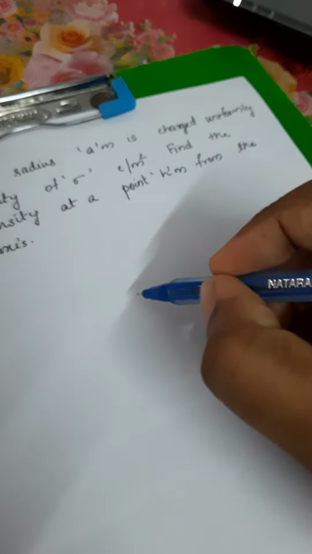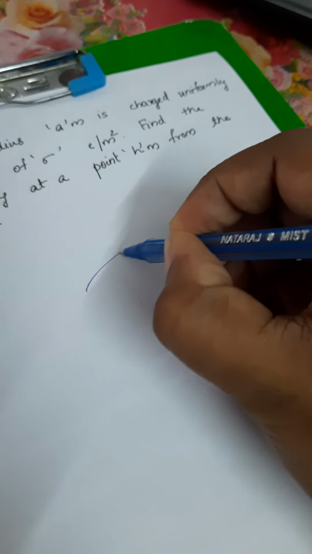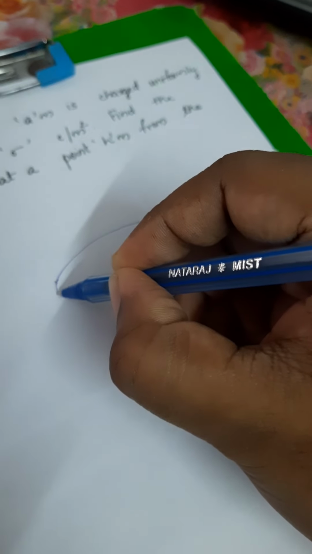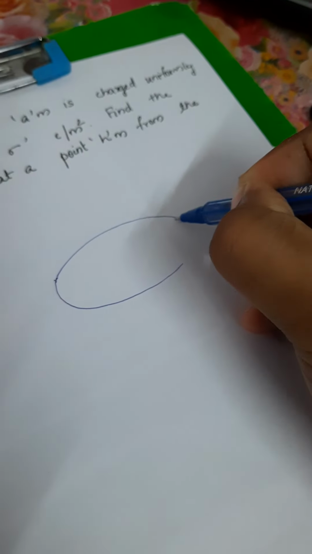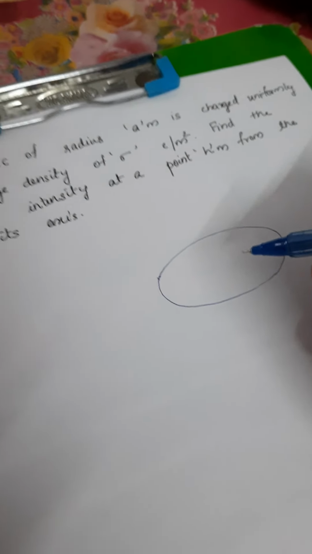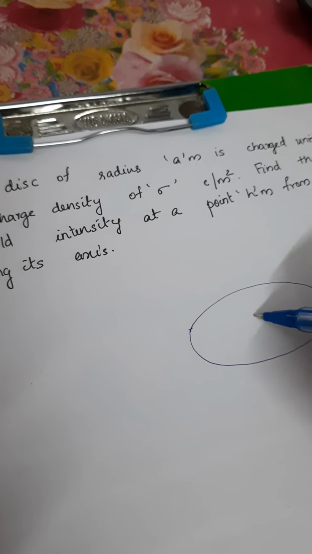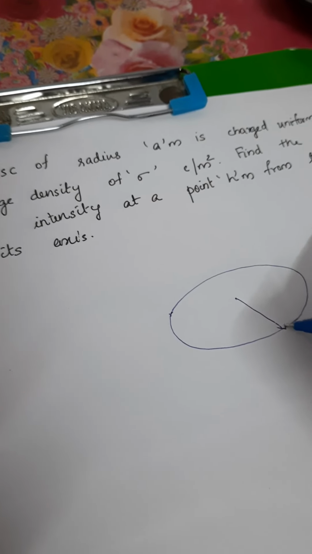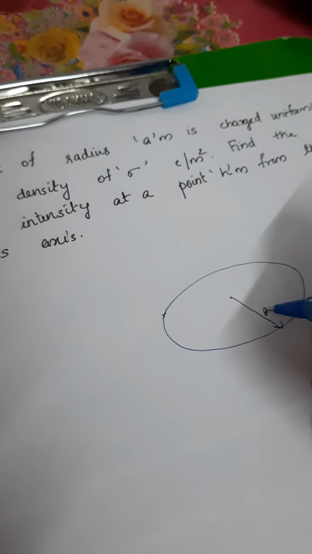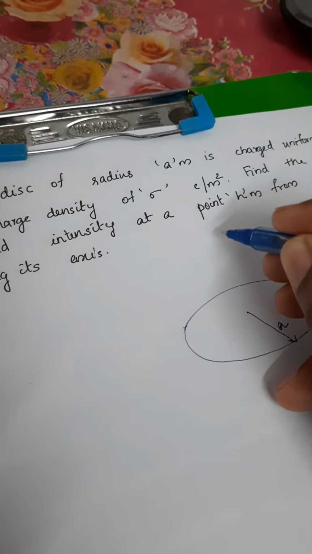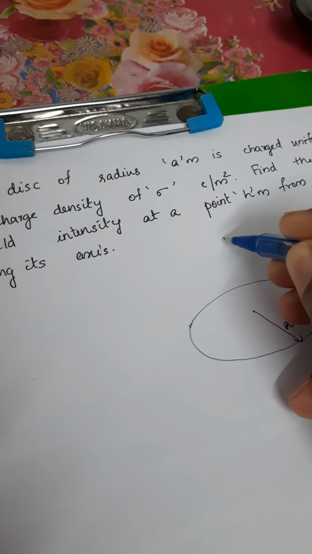You have to draw a circular disk. We have to find it's having radius a meter, and we have to find electric field intensity at this point P along its axis.